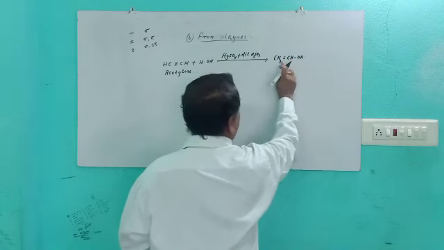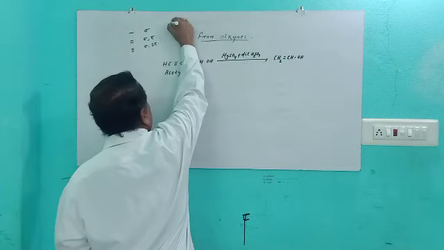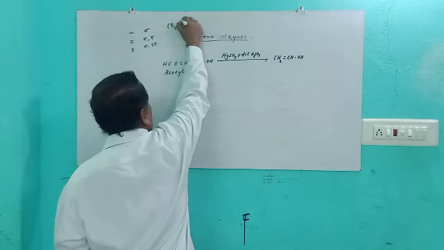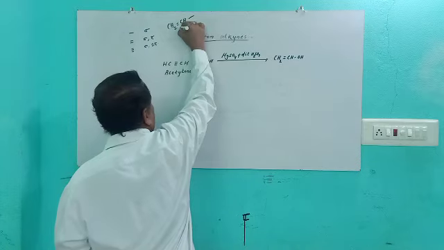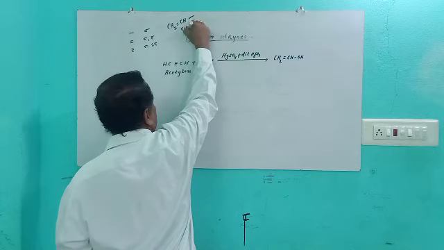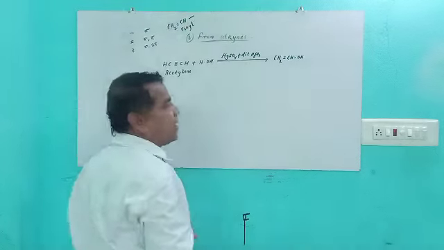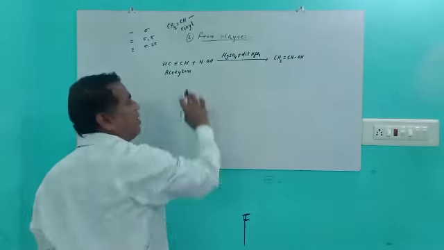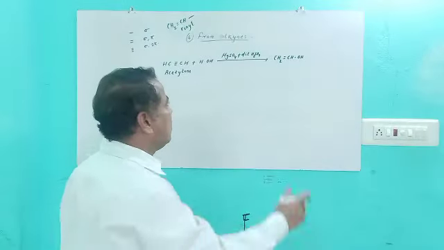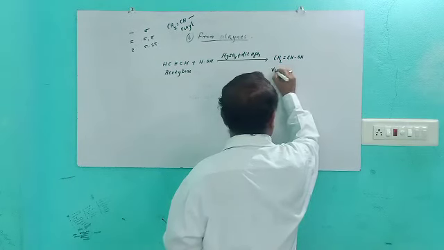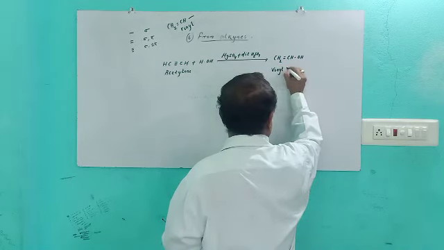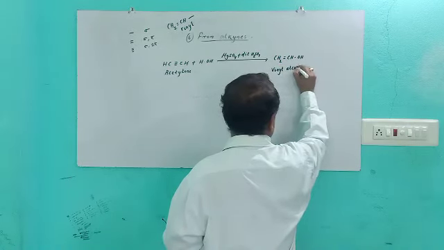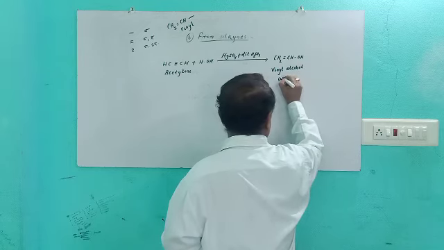This group, CH2 double bond CH single bond, is called vinyl. If you write OH here, it represents vinyl alcohol. If you write Cl here, it is vinyl chloride. So it is vinyl alcohol, an unstable compound.